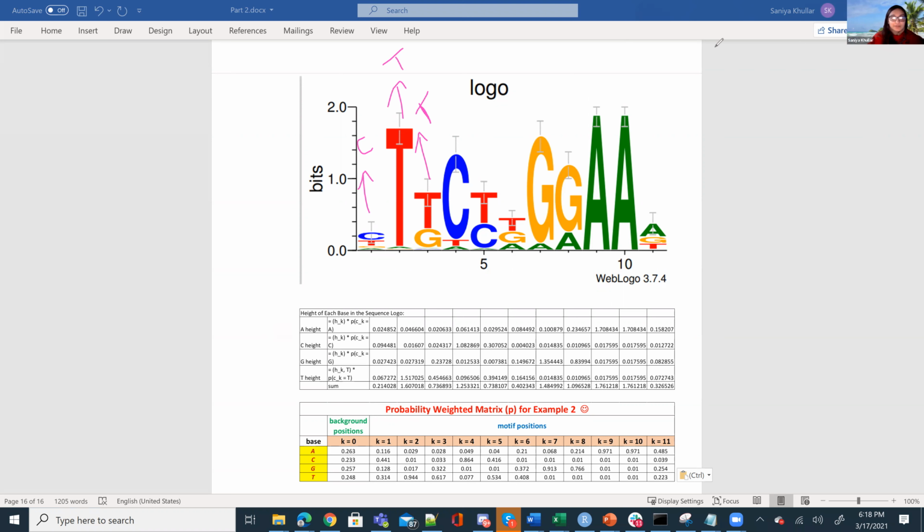Let me do it this way: a C, a T, a T. But it's more agonizing the smaller the height is.